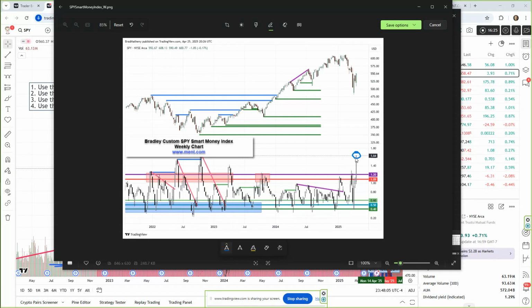This is a massive print in the smart money index indicating extreme volatility. Volatility exists up in this area as far as rotation and down in this area. When we stay in this area, this is trending.